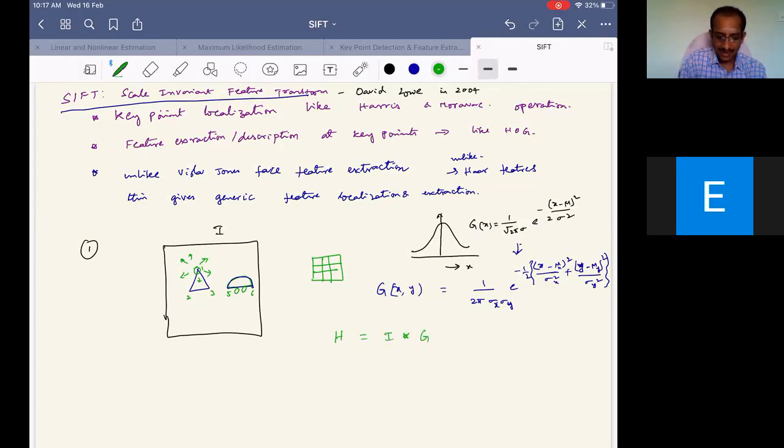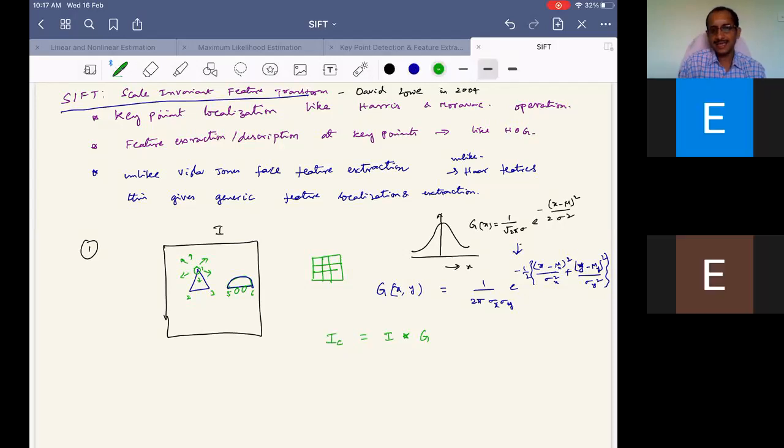Then what will happen in h? That means what gets highlighted in the convolved image compared to I? Can any of you tell? This procedure of convolution with a Gaussian kernel highlights what? A quick answer is welcome.